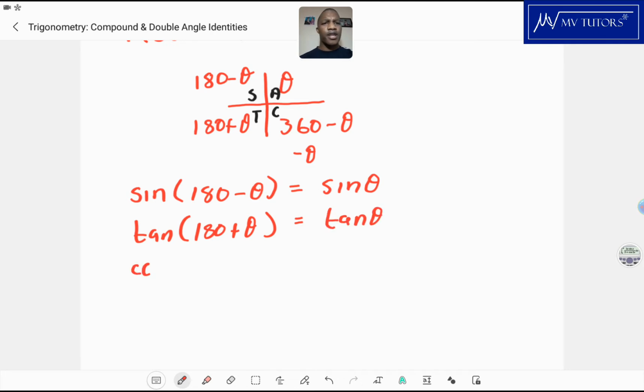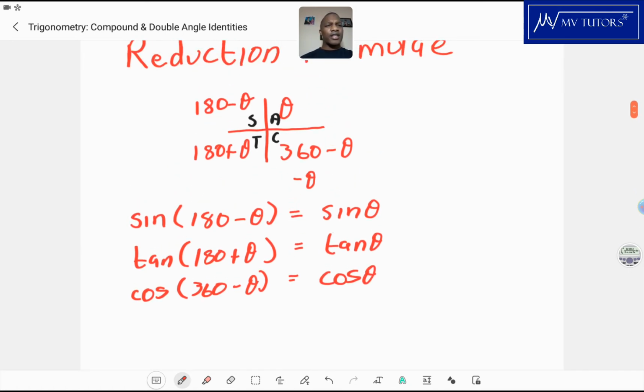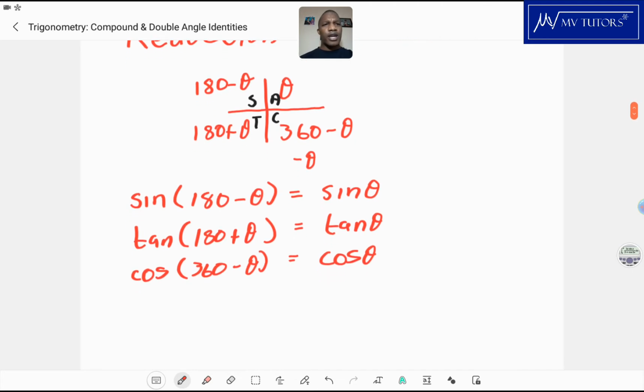Likewise here, cos of 360 minus theta is going to be just a positive cos theta. That's the only time when they are positive.